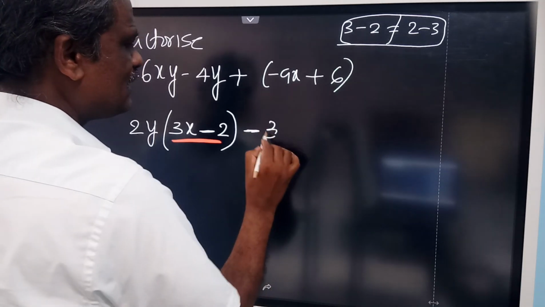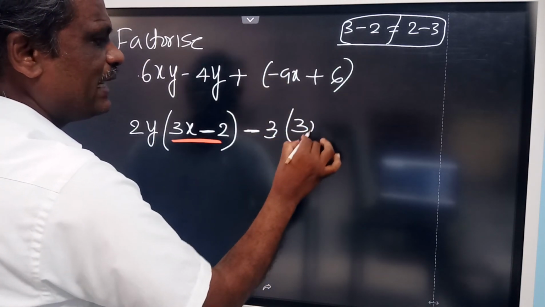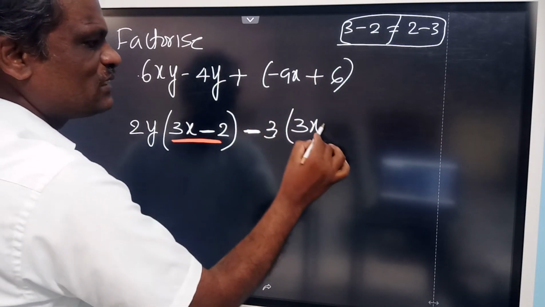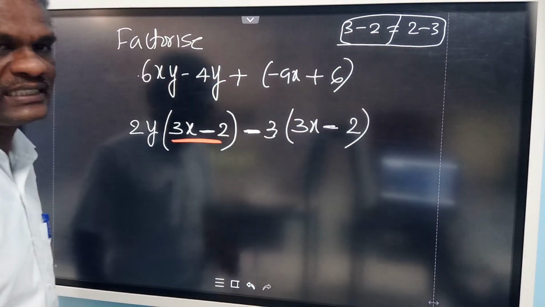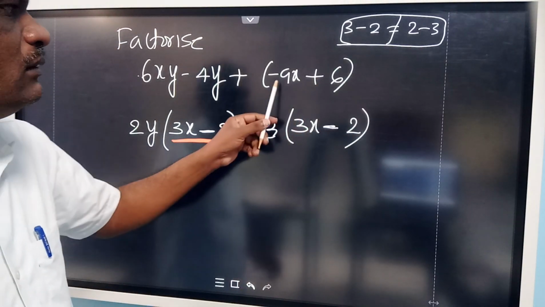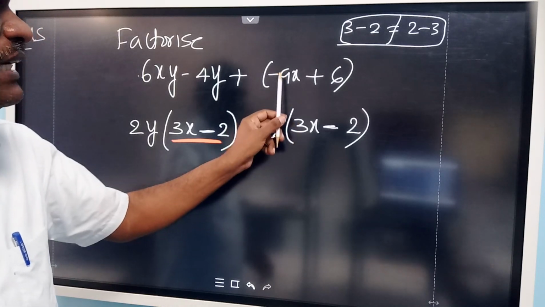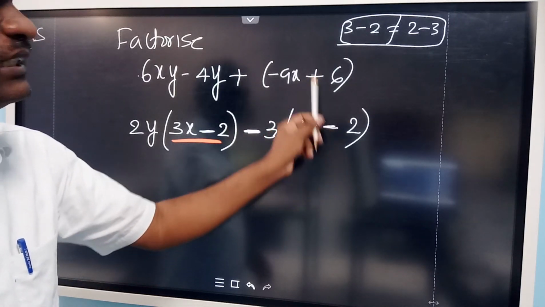If you take minus 3 common, this becomes plus 3x. Then plus, because you are taking minus common, plus will become minus, 3 2s are 6. So now it becomes 3x minus 2. See now, if you multiply, you should get back the same: minus 3 into 3, minus 9, and x; minus into minus, plus 3 2s are 6.